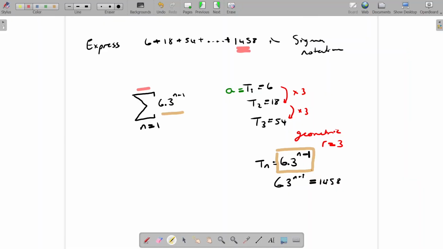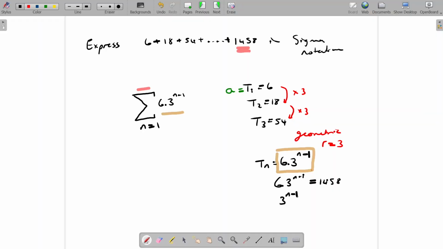We just want to know the position of that term, so we're going to divide by 6, and we get 3 to the power of n minus 1 equals 243.